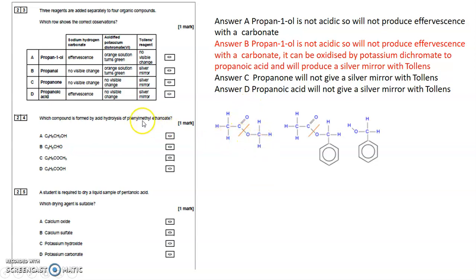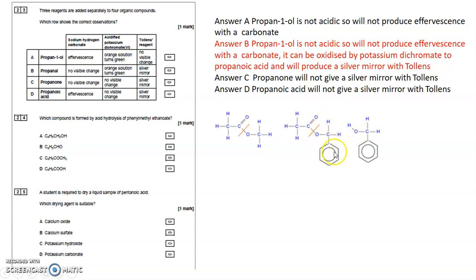Okay, now I've got a phenyl group, and the phenyl group is on the methyl. So this is my methyl. I've got a phenyl group, which is another word for a benzene ring. So this is phenyl methyl ethanoate. Now when it's hydrolyzed, hydrolysis is a reaction with water. It's acid catalyzed. This ester bond gets broken by water and it forms a carboxylic acid group, COOH, and this O here will form an alcohol.